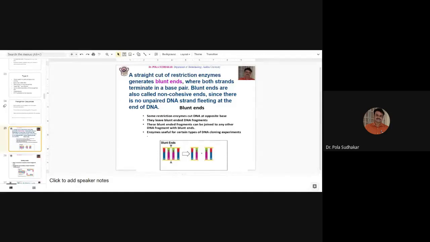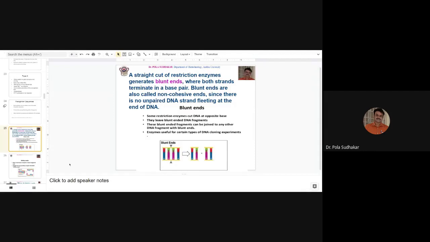Blunt ends are also called non-cohesive ends since there is no unpaired DNA strand at the end of the DNA. Some restriction enzymes cut DNA at opposite bases and leave blunt-ended DNA fragments. These can be joined to any other DNA fragment with blunt ends, which is useful for certain types of DNA cloning experiments. So these are the blunt ends that give two fragments.